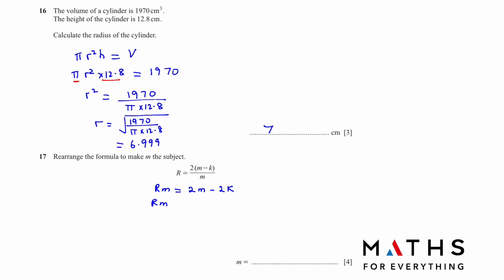So Rm minus 2m is equal to negative 2k. Factorize the m out, that is common. We'll be left with m, r minus 2 is equal to negative 2k. Shift the r minus 2 in the denominator. Bracket means always multiply. So when you shift it to the other side, you write it in the denominator. And this is your answer.